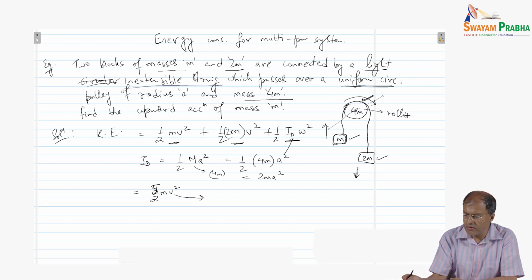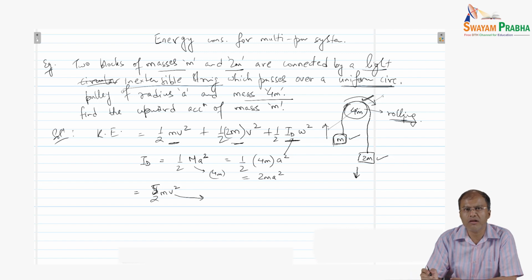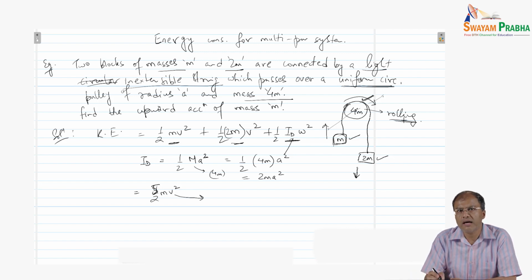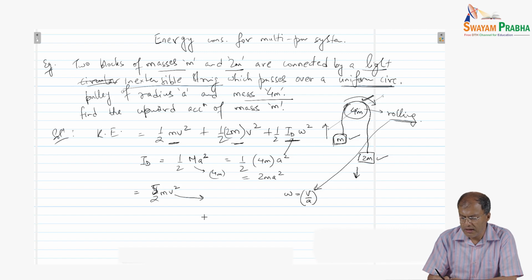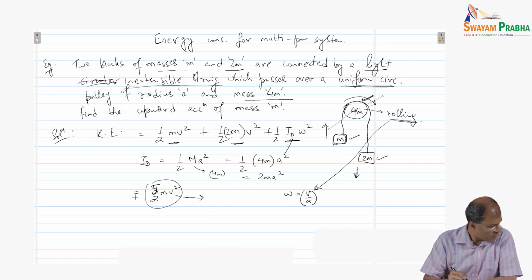What does this mean? It means that there is no slippage of the string along the pulley, right? So in other words, the angular velocity omega is v over a. If we use this information, we get the total kinetic energy as 5 by 2 mv square.